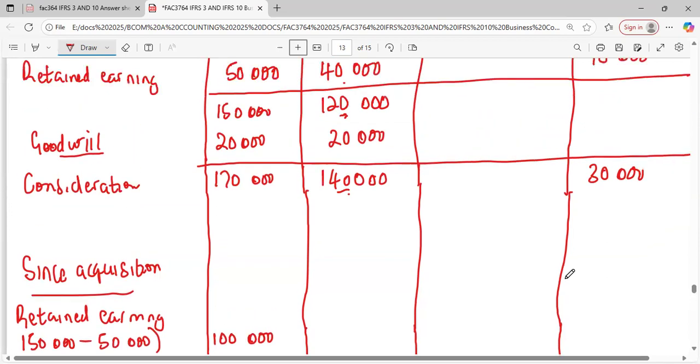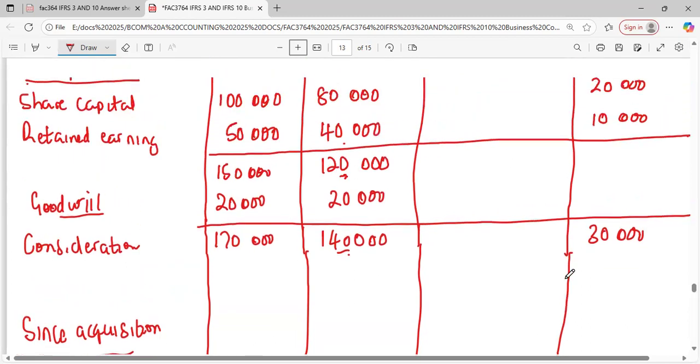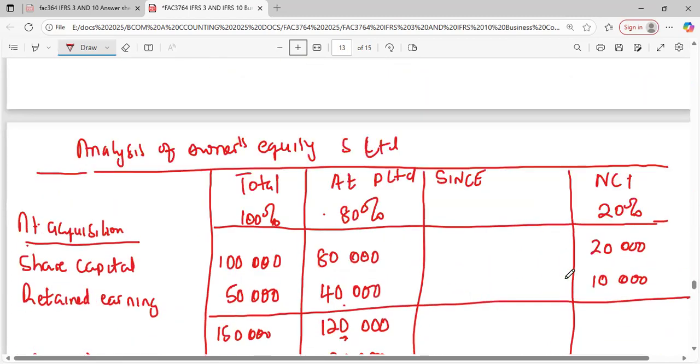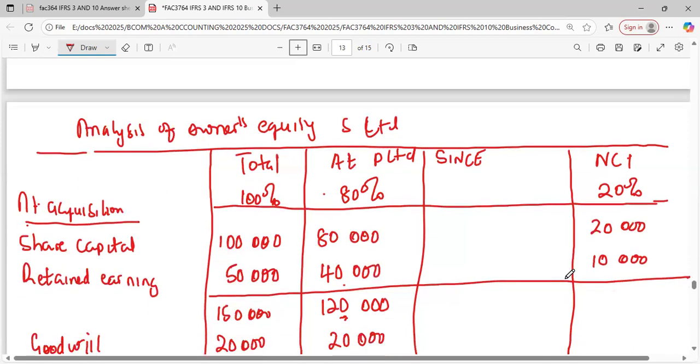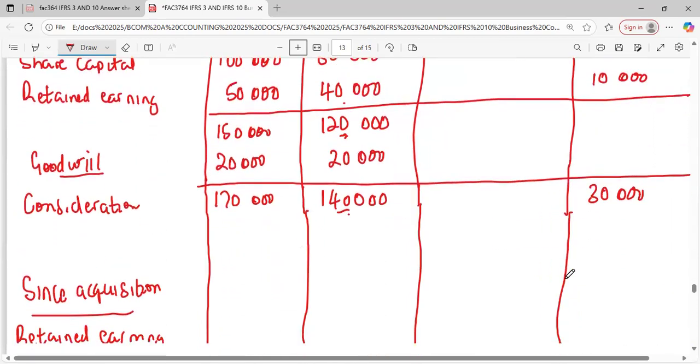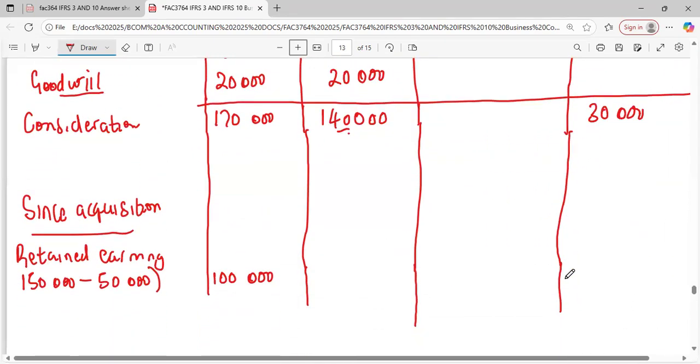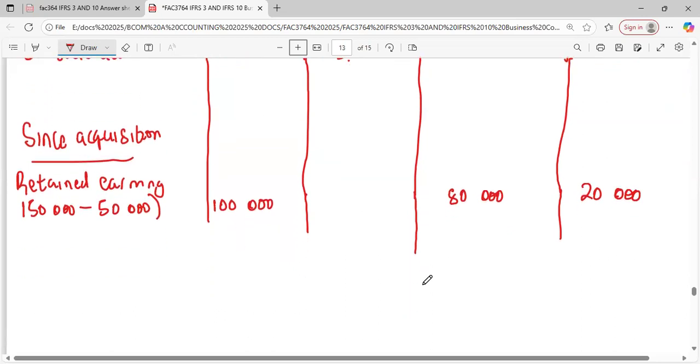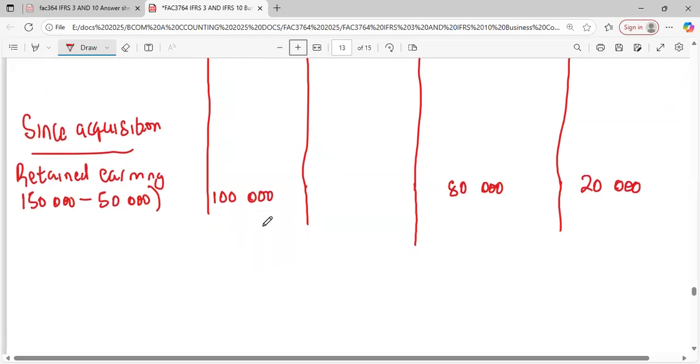We multiply by 80% to get the one that is for the group. Then it goes under the since acquisition column, it's no more going under the at acquisition. I think it's going to be 80,000 here. It is. Then the NCI is going to be 20. Okay, so that's what happened since acquisition. Then you come to current year.